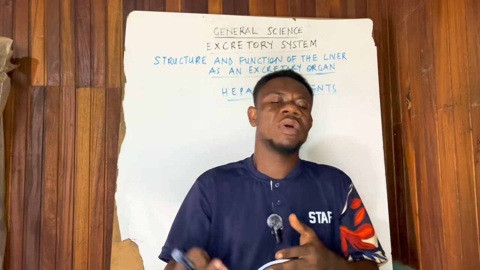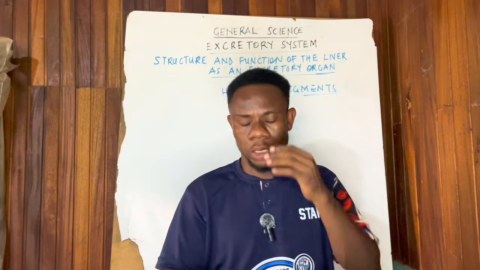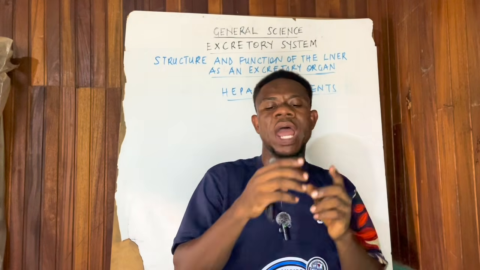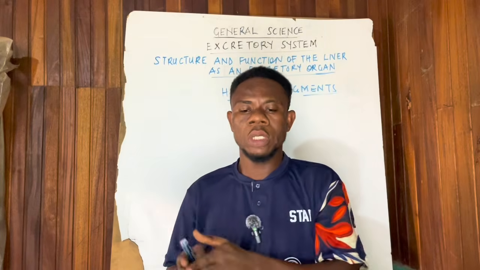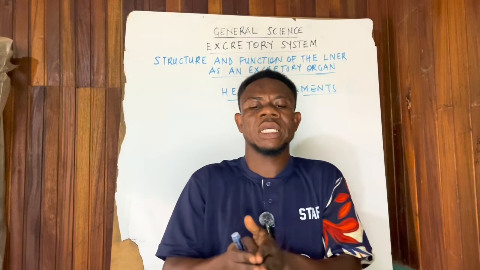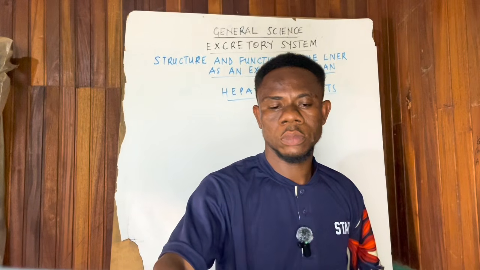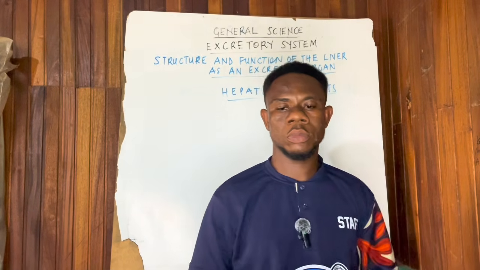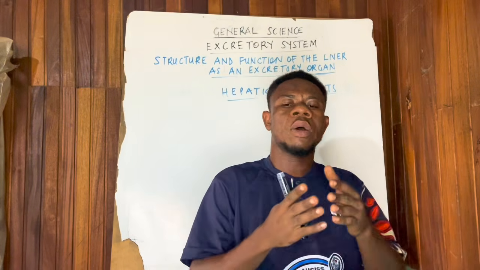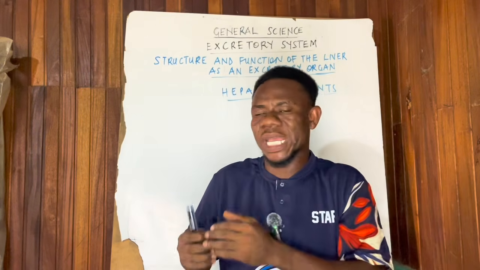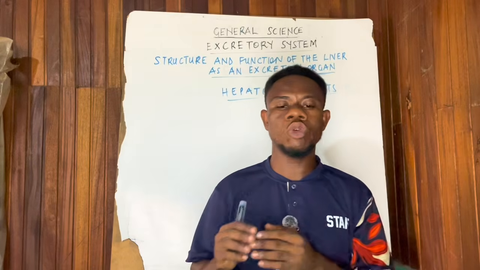Then we also have segment VI, which is the right posterior inferior, which is the right lobe at the back and lower.